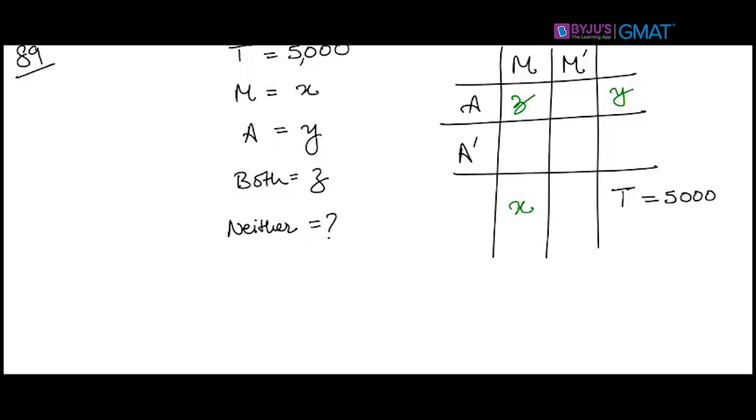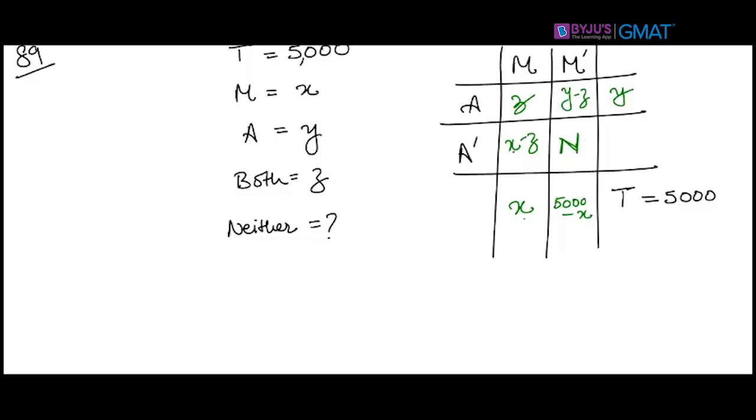So if this is Z, this is X, what should give you this box will come down to X minus Z, and this here will come down to Y minus Z. And X plus something should give you 5,000, or I can simply write this as 5,000 minus X. Now clearly this is what I need to find out, the neither portion.